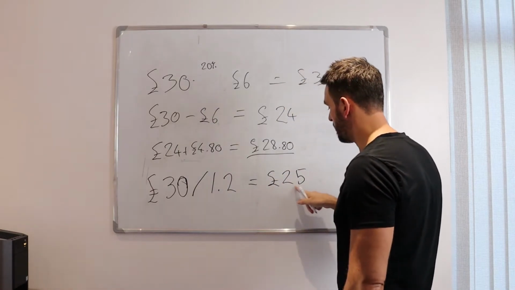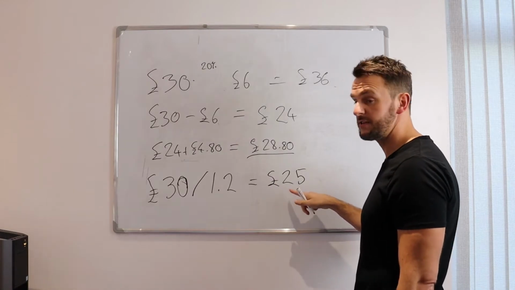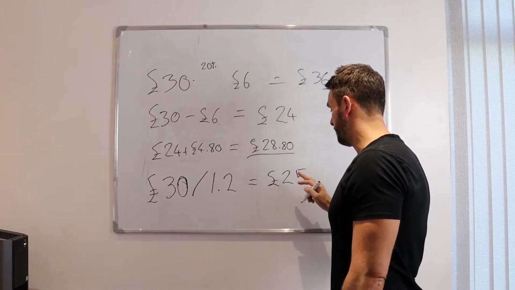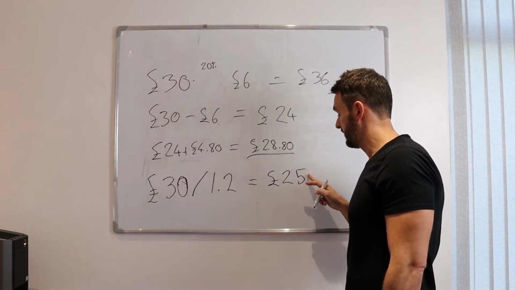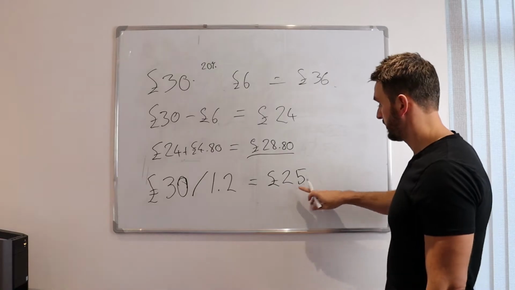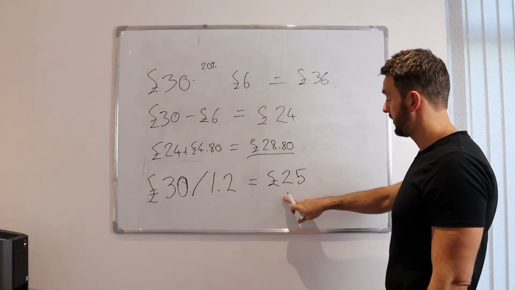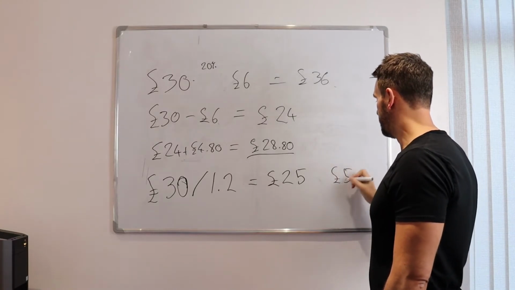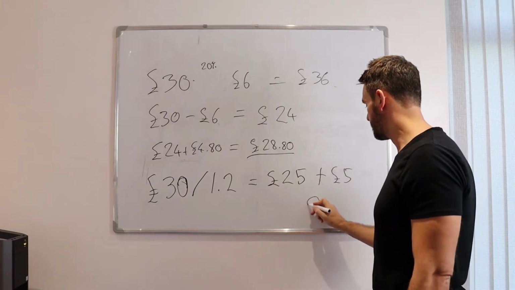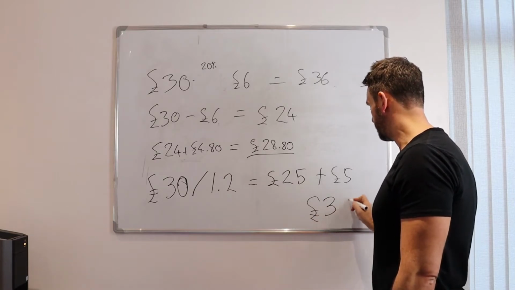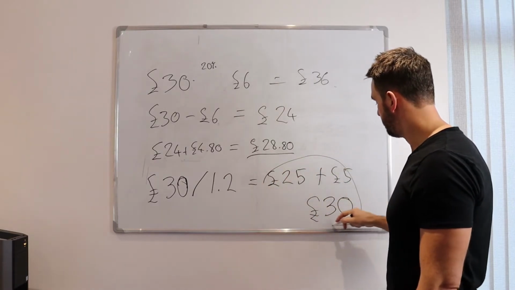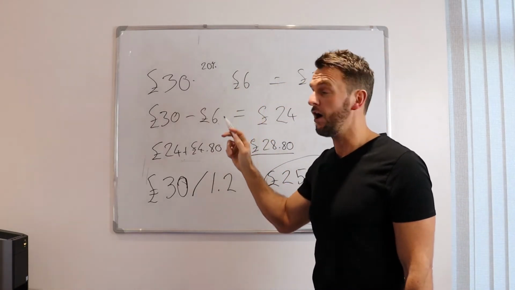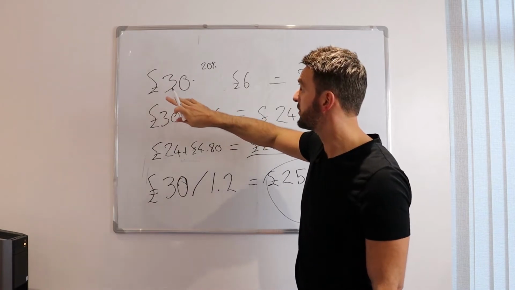That's the non-VAT price, the price excluding the VAT. And we know that because 20% of 25, £2.50 is 10%, £5 is 20%. So we've got 5 here. We add that together, guess what that equals? £30.